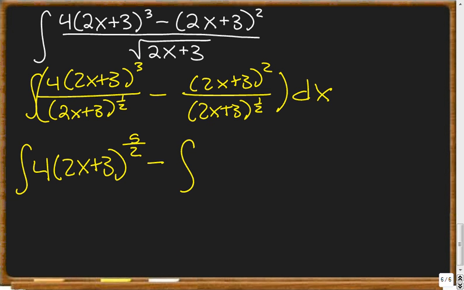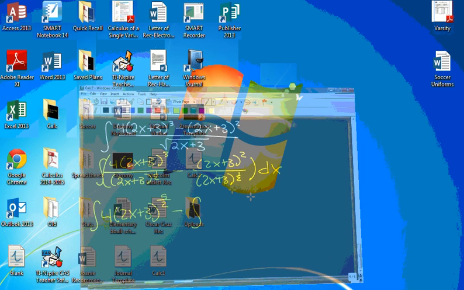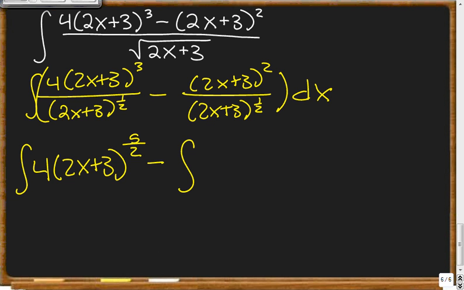We then subtract away. One second. Okay, so same thing for this one. We take our half away from 2, which gives us 1 1/2, which is the same thing as 3/2.